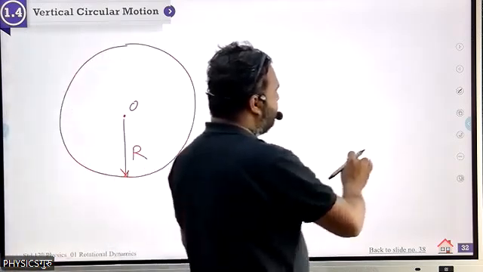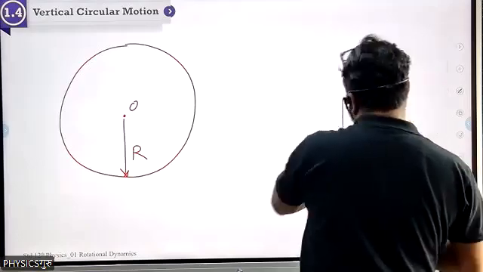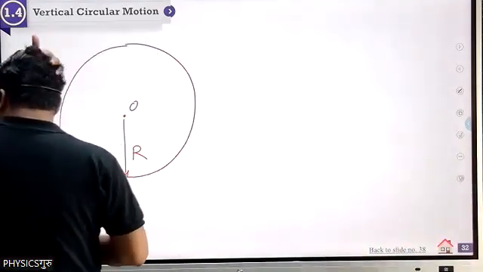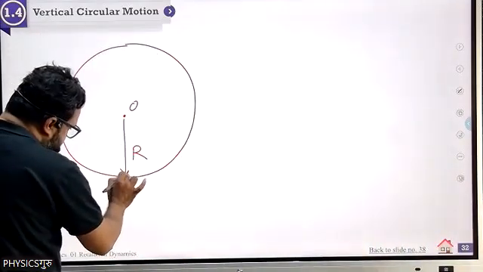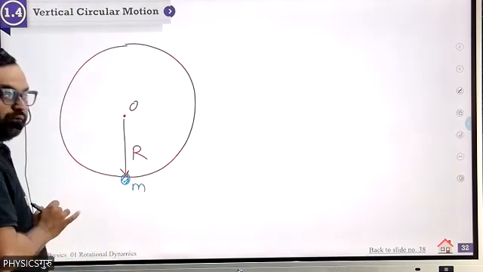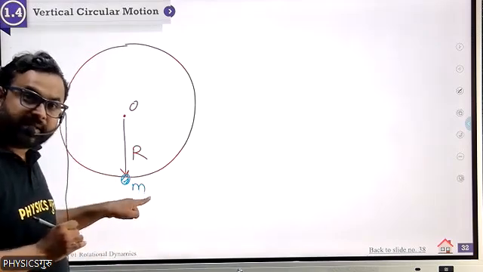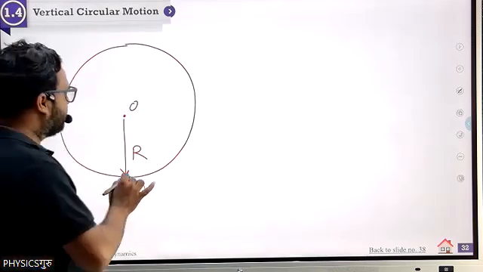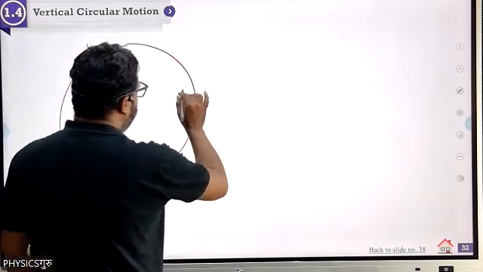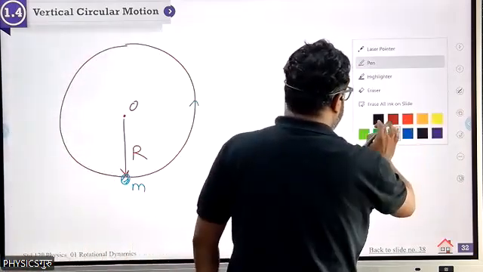When an object of mass m moves along the circumference of a circular track, such motion is called circular motion.